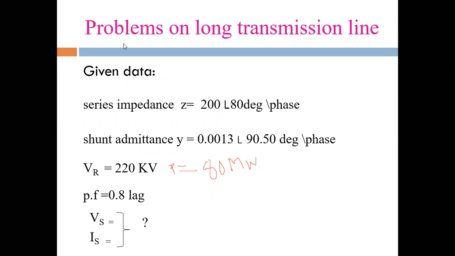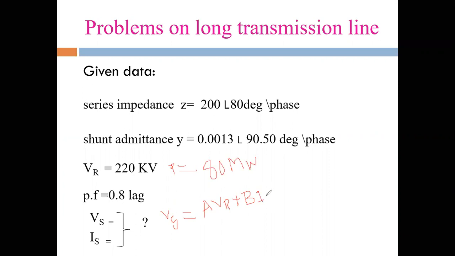Therefore the sending end voltage Vs is equal to A VR plus B IR, where VR is the receiving end voltage, and A and B are the auxiliary constants.